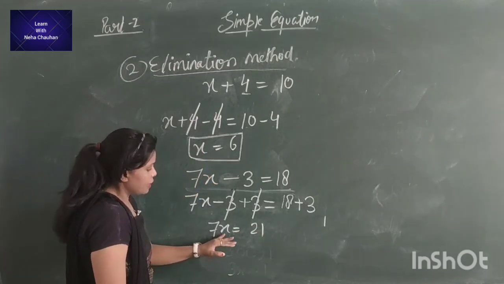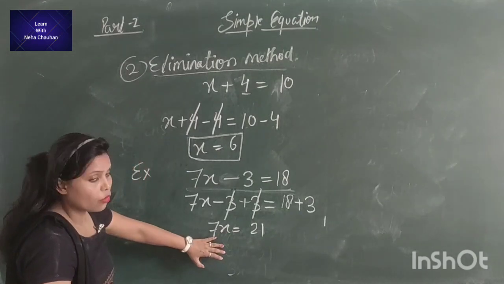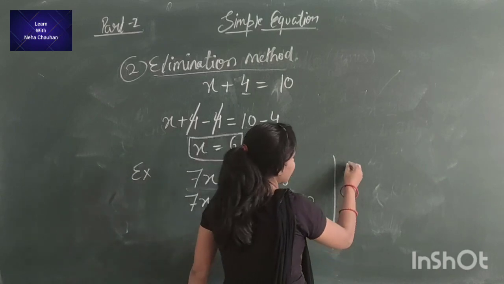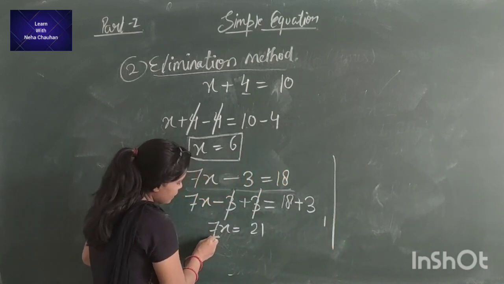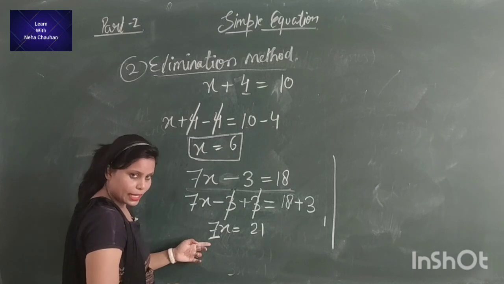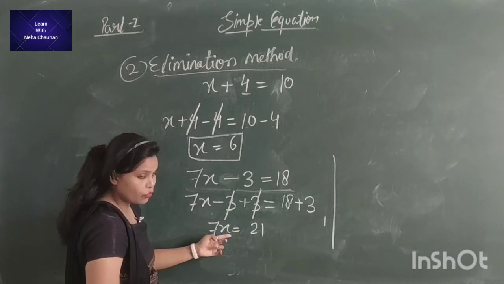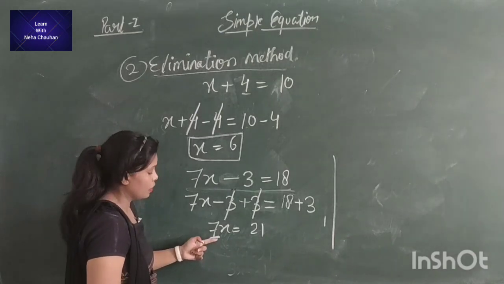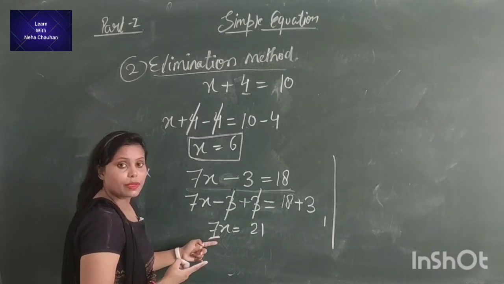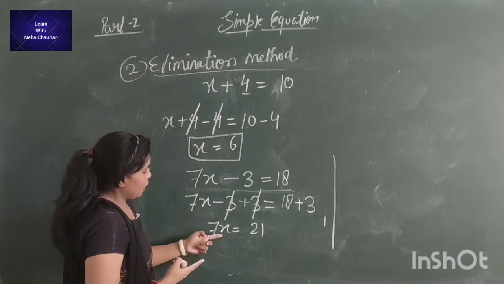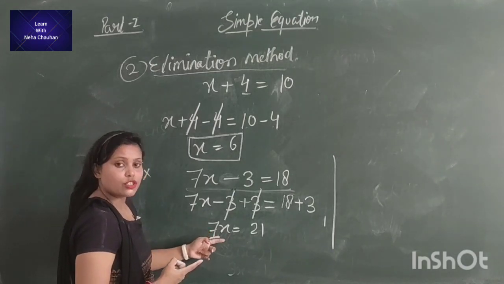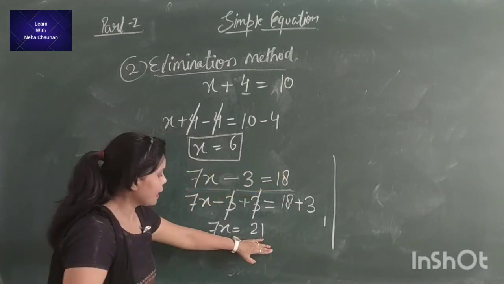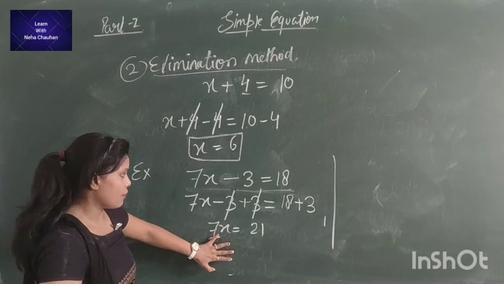Okay, now we have another number also, we have to eliminate it from here. So how we will eliminate 7? This 7 is in the multiplication, right? This is multiplied with the x. So what is the opposite of multiply? Divide. So multiplication of anything, opposite of it is divide. So we will divide both sides by 7.